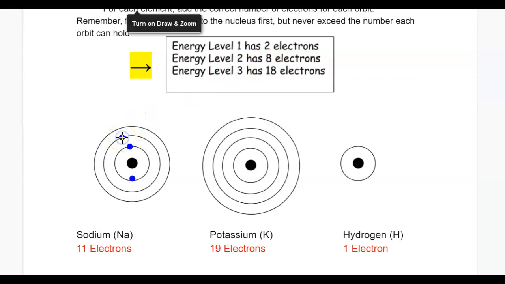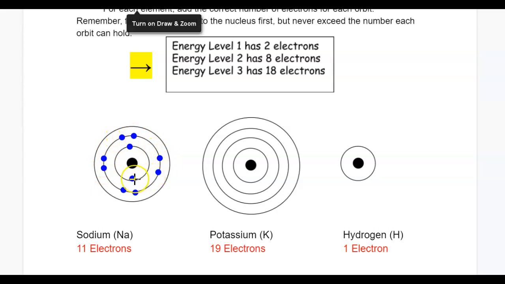So we go to the next energy level, which can hold 8. So I'm going to add these in a very particular order, as you're going to see. The reason I do this is because it makes it really easy to quickly visualize and count how many electrons you have orbiting the nucleus. So right there, I've added 8 electrons. So 1, 2, 3, 4, 5, 6, 7, 8.